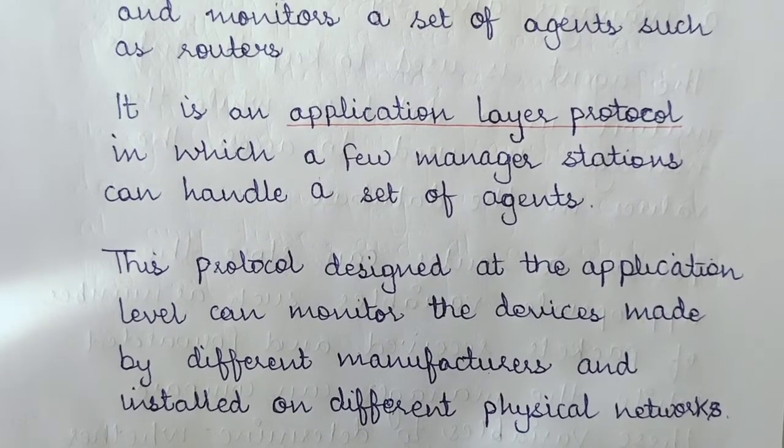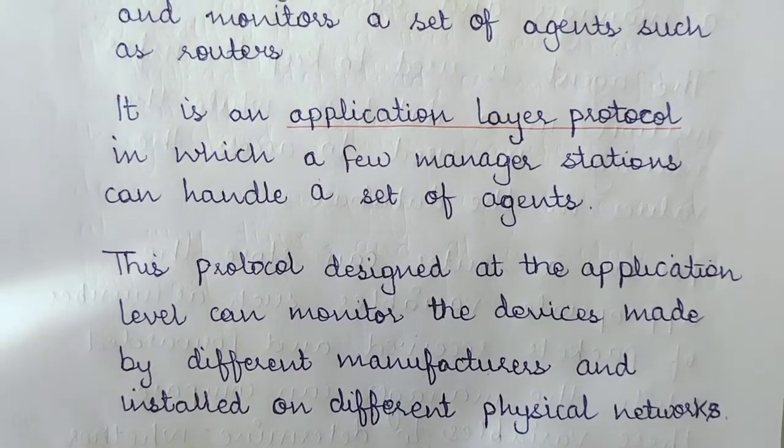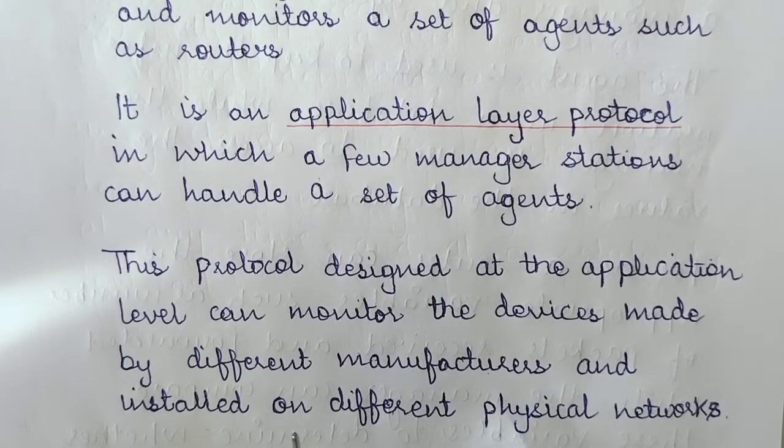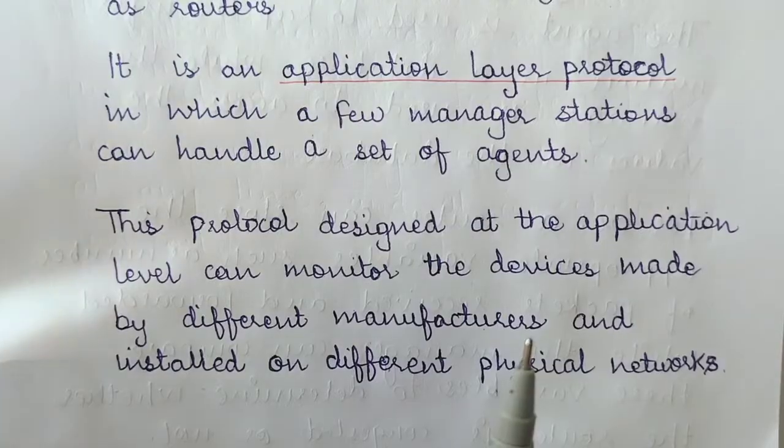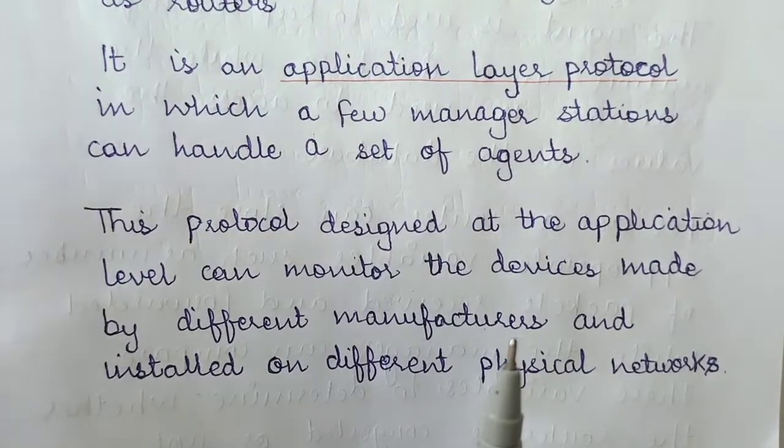So irrespective of which device is by which manufacturer, all of them can be managed or monitored by this particular protocol, which is designed at the application layer, and it is installed on different physical networks.